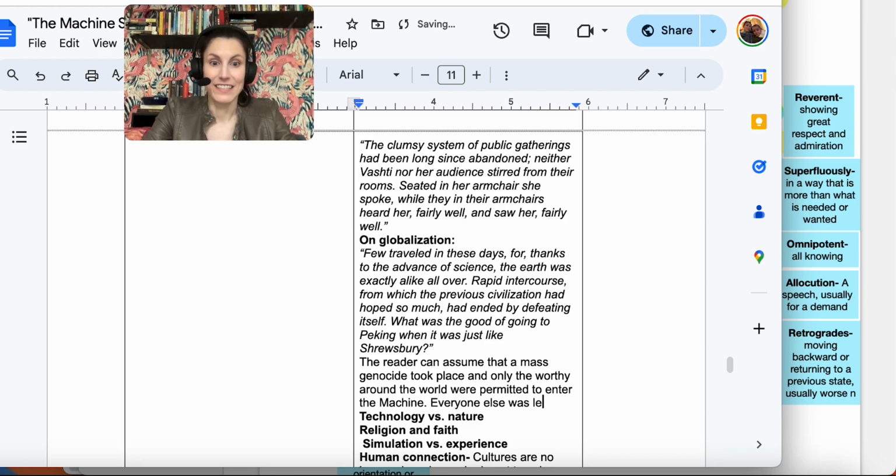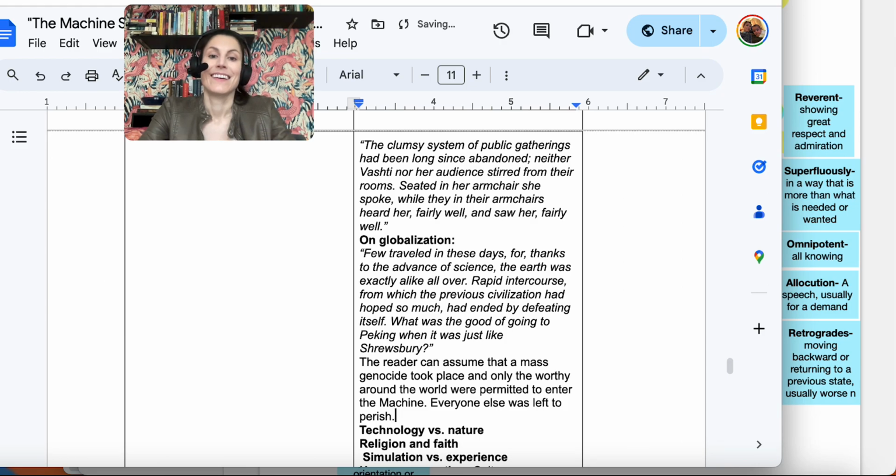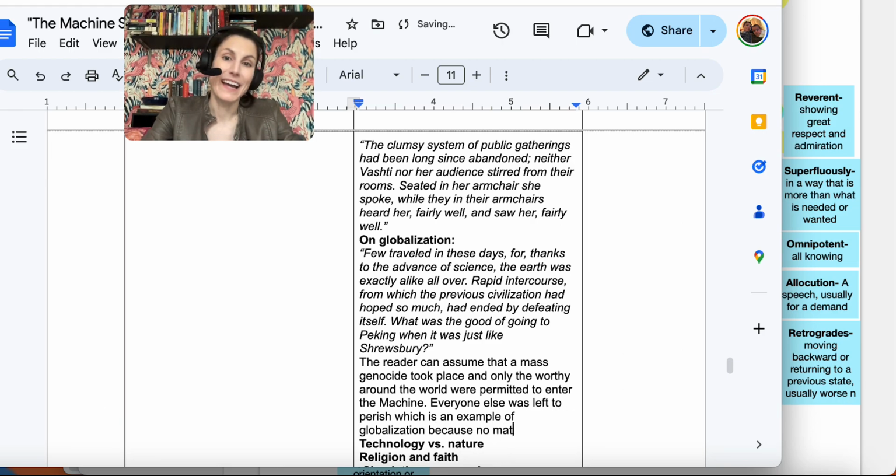Everyone else was left to perish, which is an example of globalization because no matter where in the world one lives, it is always the wealthy that will have priority.